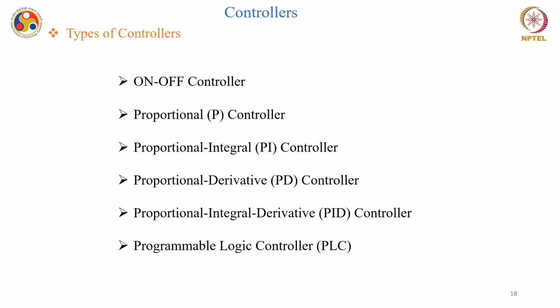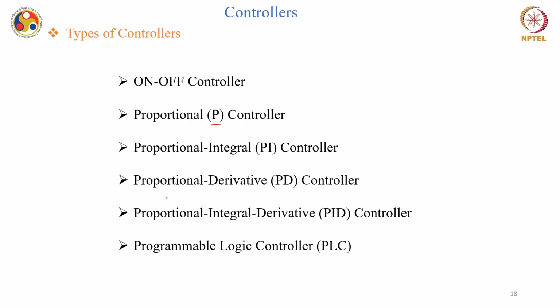There are different types of controllers available in modern measurement and instrumentation. We have the on-off controller, which is the simplest controller available. Then we have a proportional controller, sometimes only denoted as P controller. We have the proportional integral controller, PI controller.